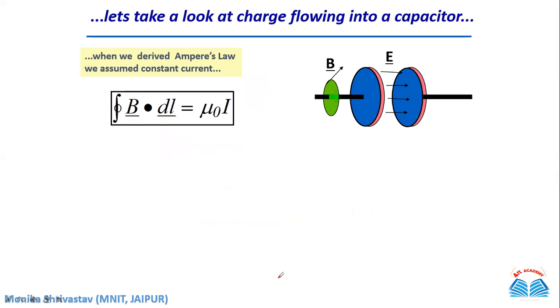Moving ahead, let's have an example. I am now going to introduce displacement current: where it is coming from, and why we are using that term in Maxwell's equations. So let's take a look at charge flowing into a capacitor. This is your parallel plate capacitor, with two plates situated parallel.